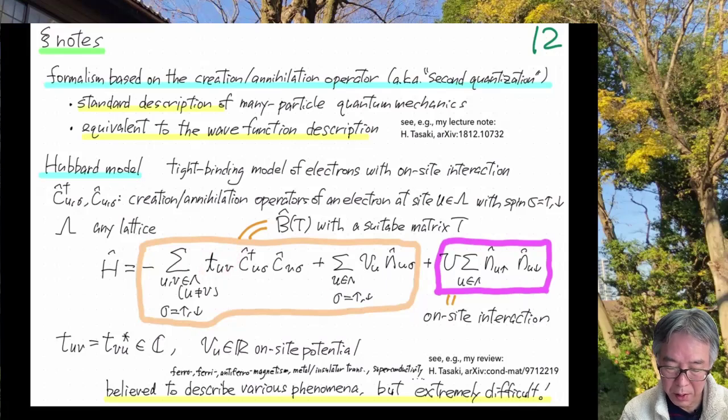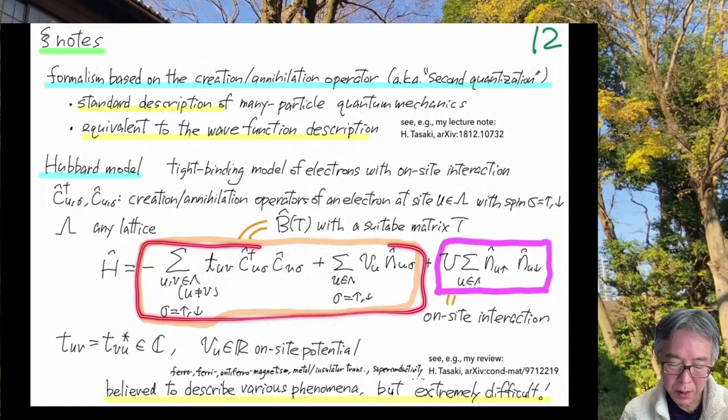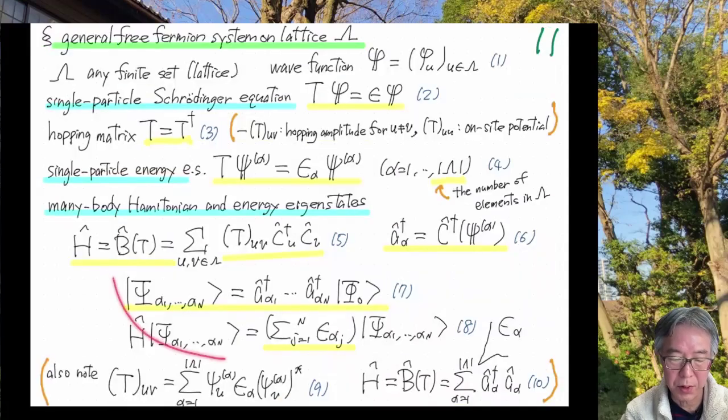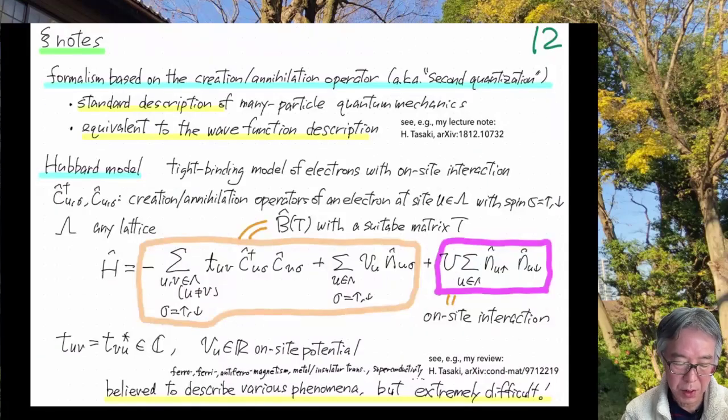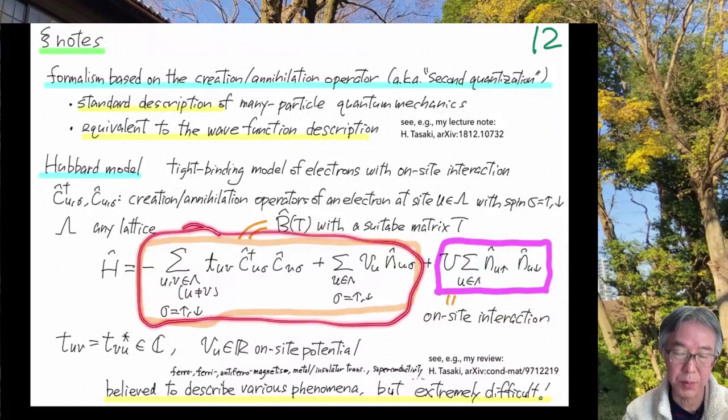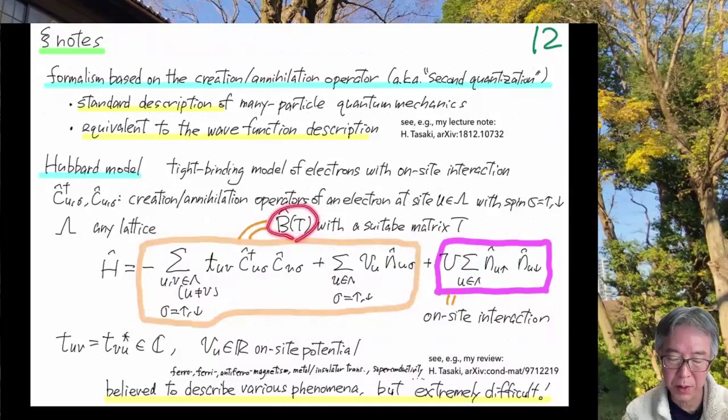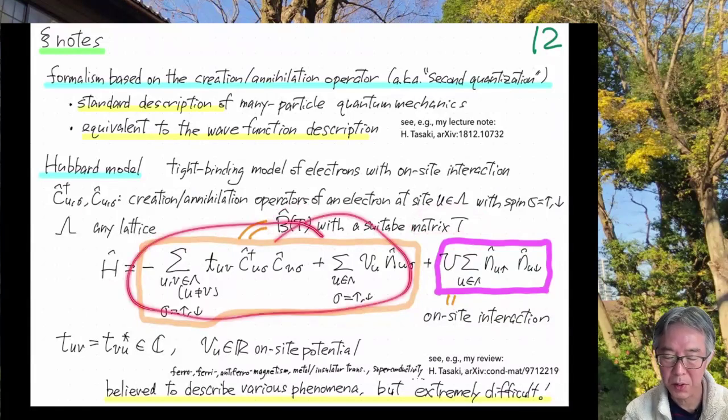And here's the on-site potential. Anyway, this part falls into this general theory of free fermions. This is a bit complicated, but this is nothing but a free fermion, so it can be written in this way. If you can diagonalize this matrix T, so if you can solve the single particle problem, then you know everything about this.